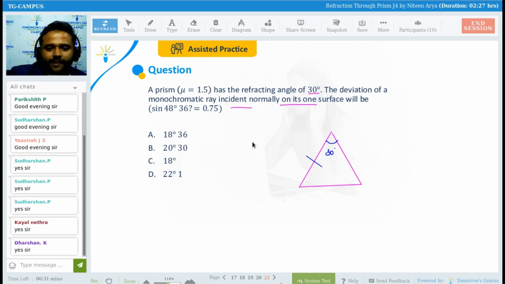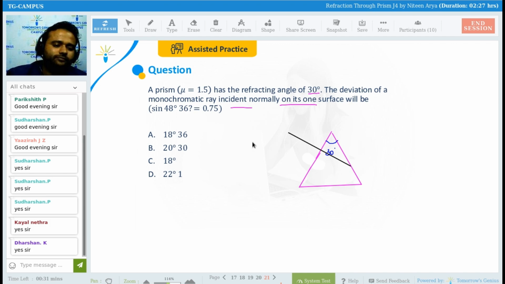On the one surface, the light is incident normally, so something of this kind of scenario is happening. Clear enough, everyone?